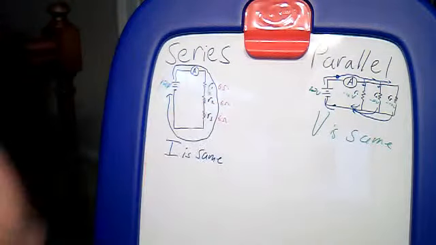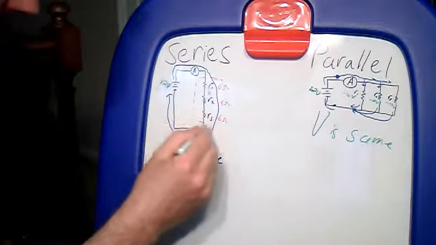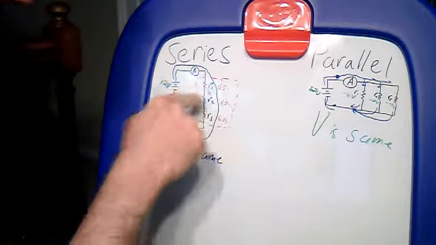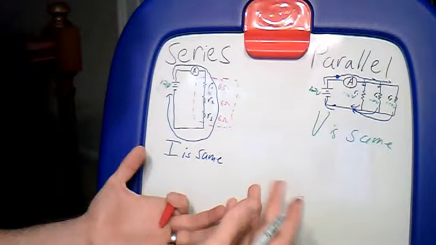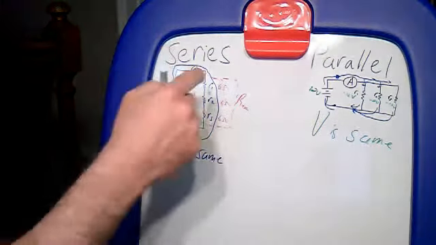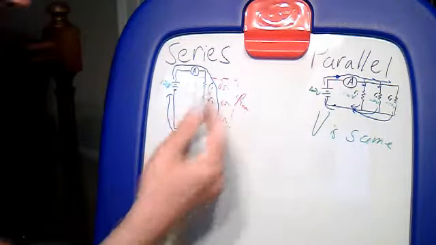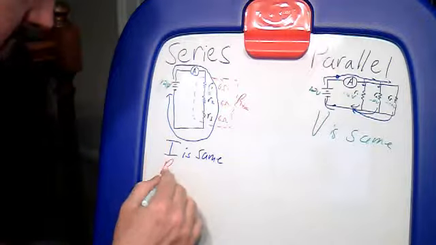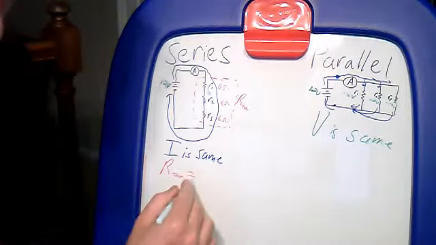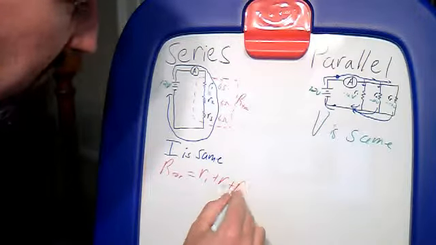What I could do is say, well, let's put a little box around these and pretend that instead of 3 little resistors, I have 1 big resistor. Let's call it R total. In a series circuit, I would just add these up. So we'd say R total is R1 plus R2 plus R3.